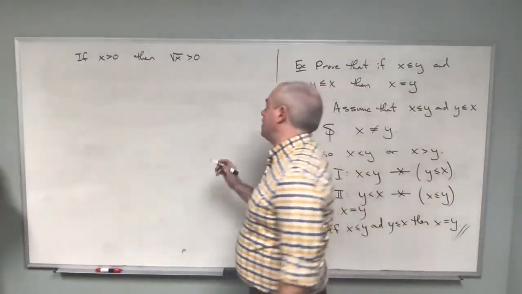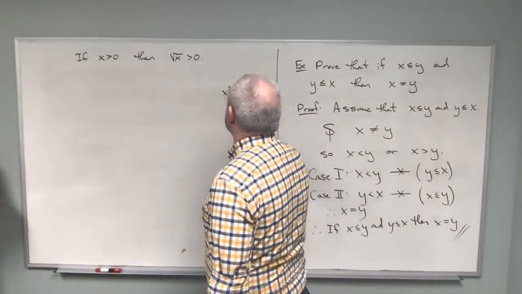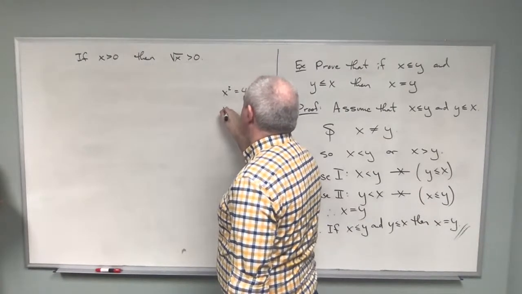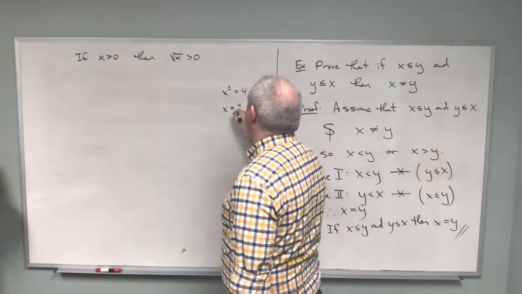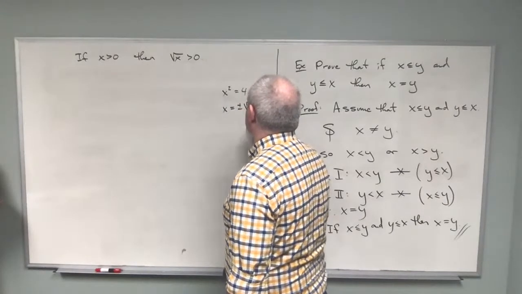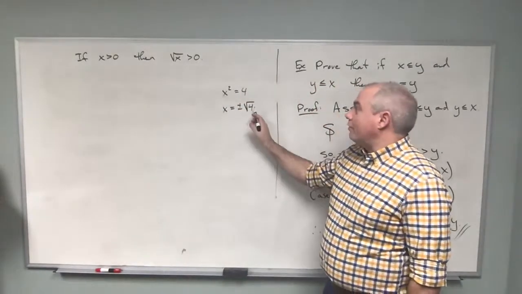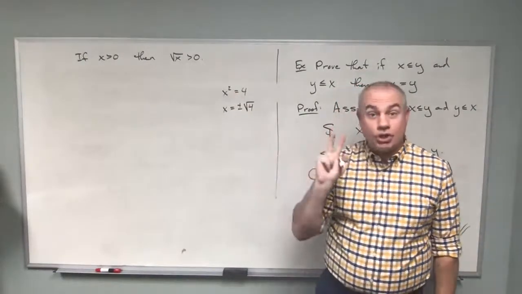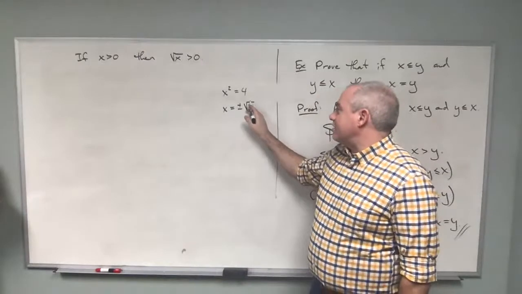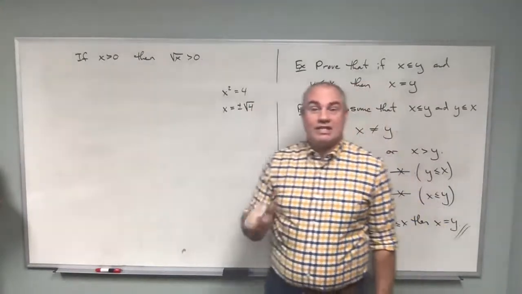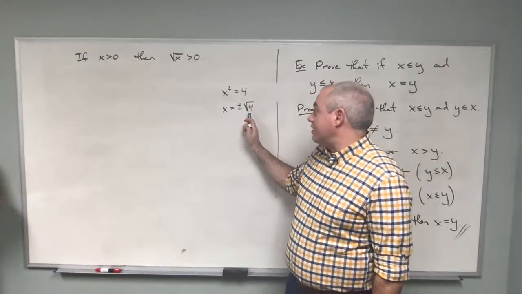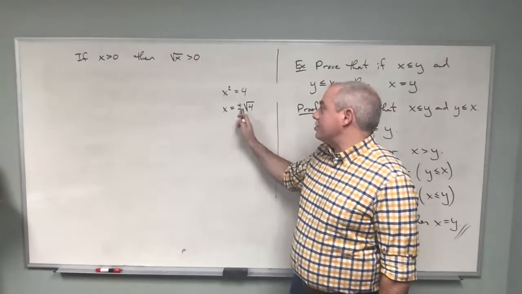But the thing is, typically when I say something like x squared is equal to 4, then I say that x is equal to plus or minus the square root of 4. The square root of 4 is what? Without the plus or minus, the square root of 4 is 2. We never say that the square root of 4 in and of itself is plus or minus 2. The square root of 4 is a positive number, and then we put the plus or the minus in front of it.